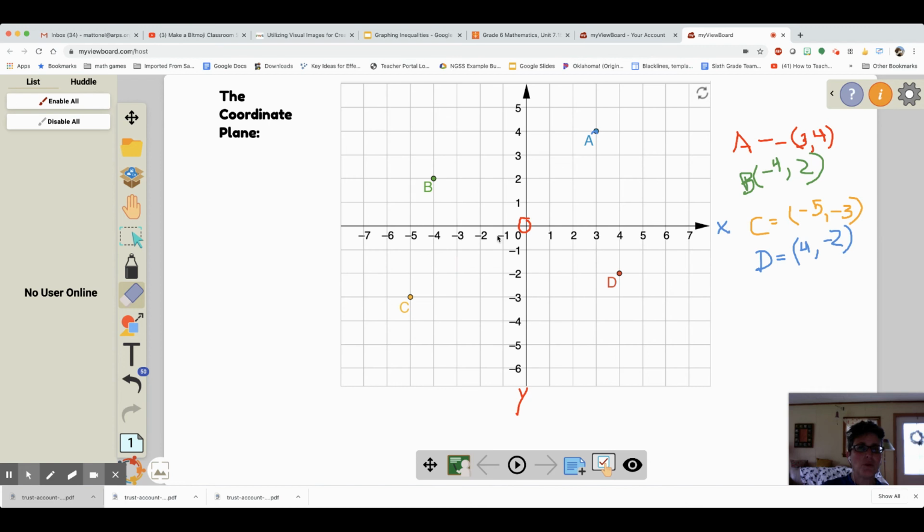Now, the important parts to remember: the x-axis is parallel. The y-axis is perpendicular.